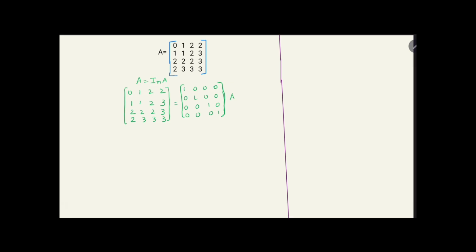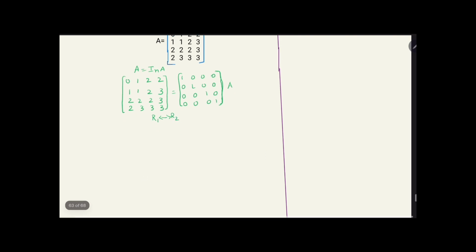Now, what is the first step? First step is we have to make this element 1. This is 0 here. So in order to make this element 1, I should swap the first row with the second row, because the first element of the second row is 1. So what will be the operation? I will swap the first row with the second row. And whatever row operations we are doing should be applied to both the matrices, left-hand side and right-hand side.